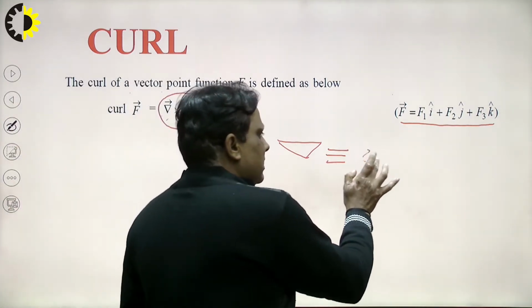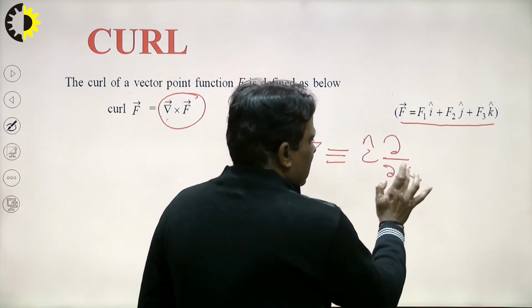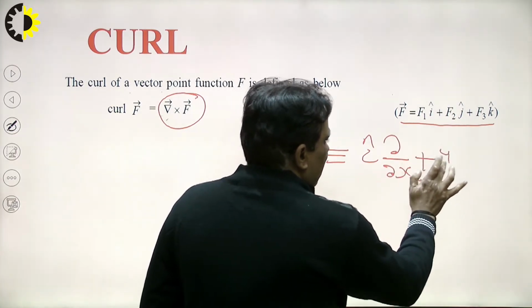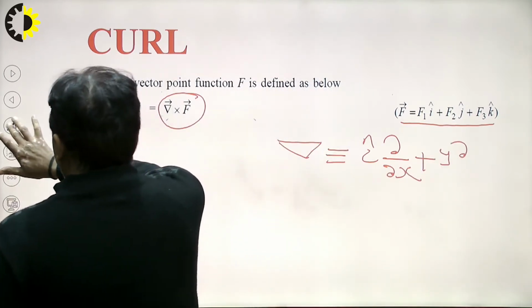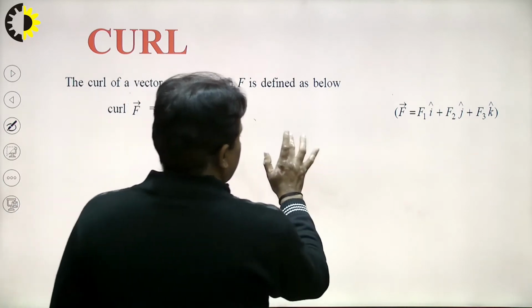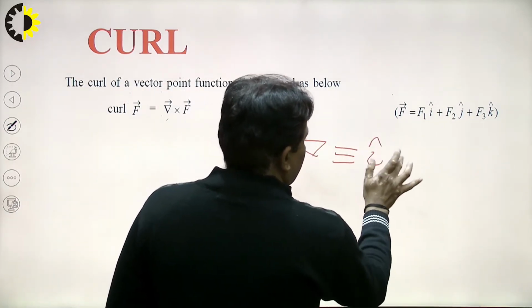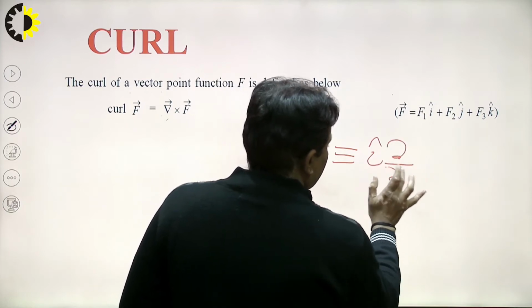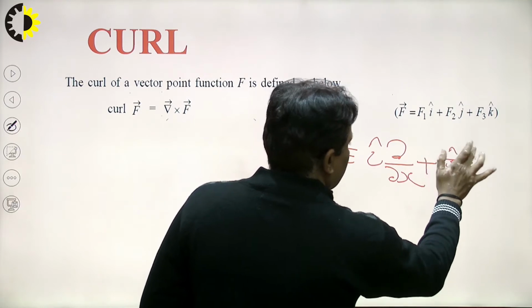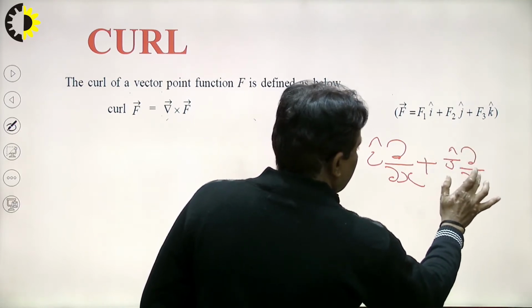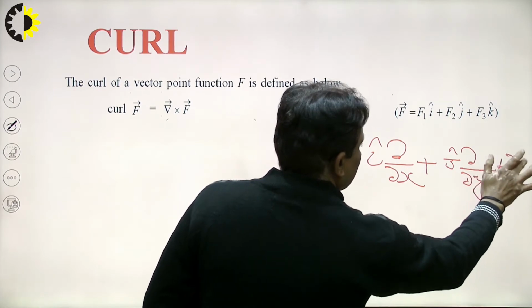That is, del is i cap del over del x, plus j cap del over del y, plus k cap del over del z.